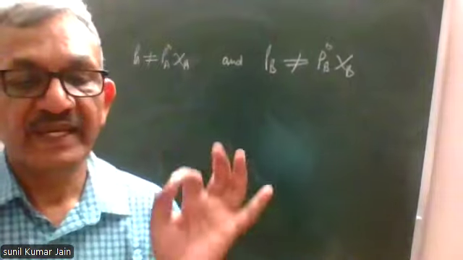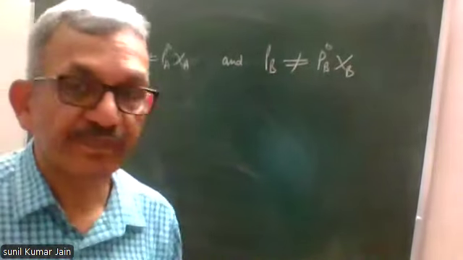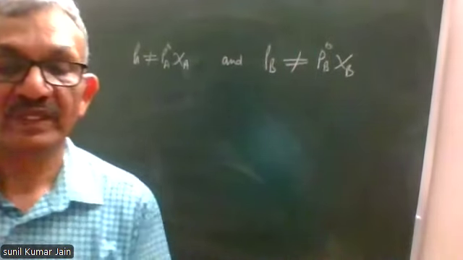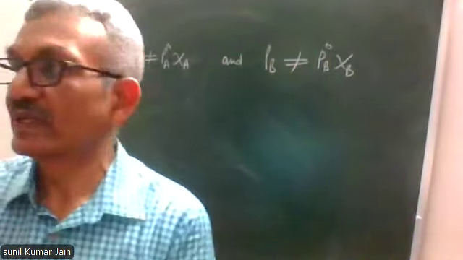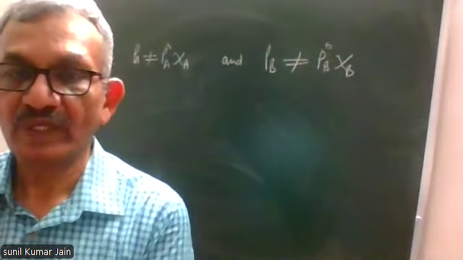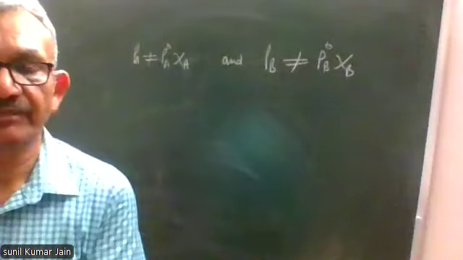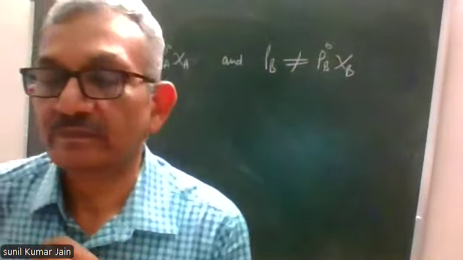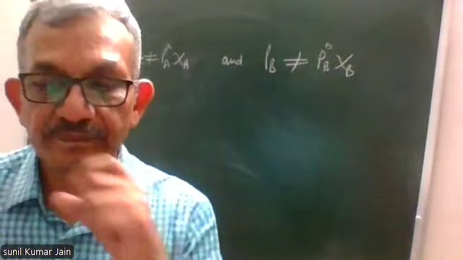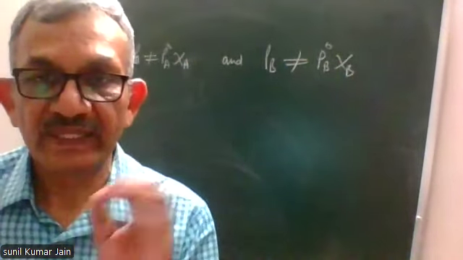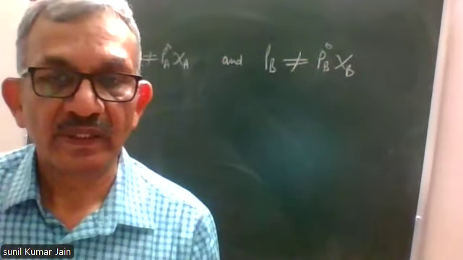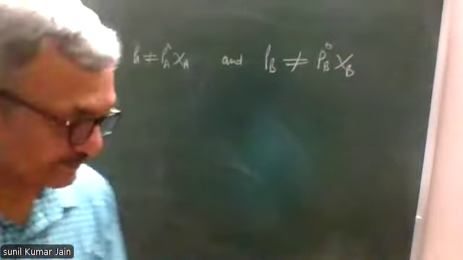A solution will be non-ideal if molecules of both the components have a large difference in their polarity and surface area.